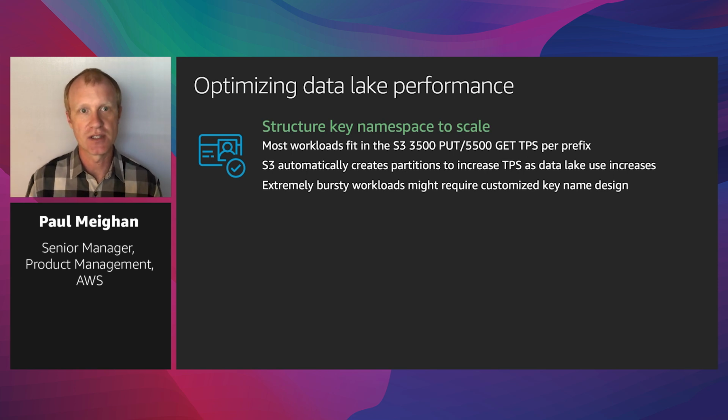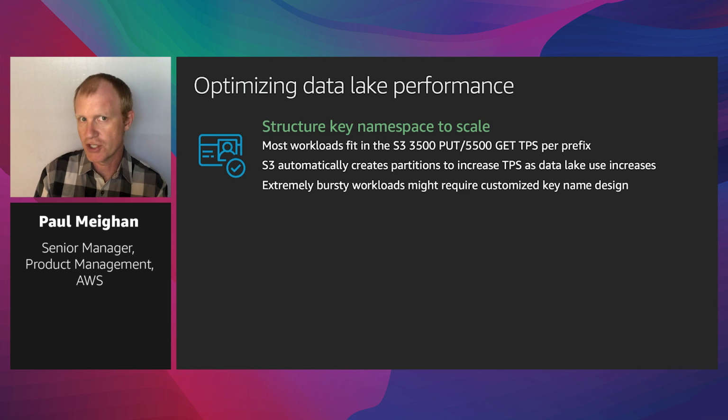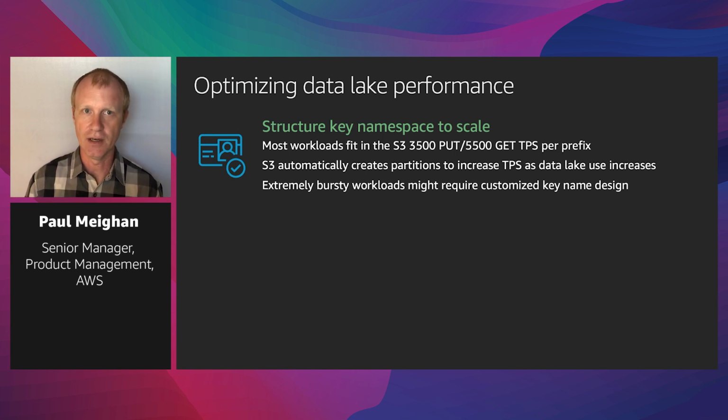If you're bumping up against those limits within a prefix, S3 has the capability in the background to partition your bucket in such a way that your TPS capacity will expand over time. But it is important to keep in mind your key naming structure and keep these 3,500 put, 5,500 get limits in mind when you're laying out where your data goes within the key space within your bucket, right?